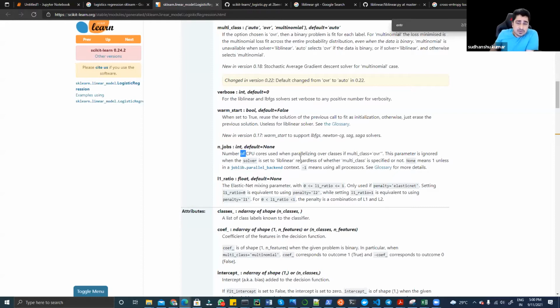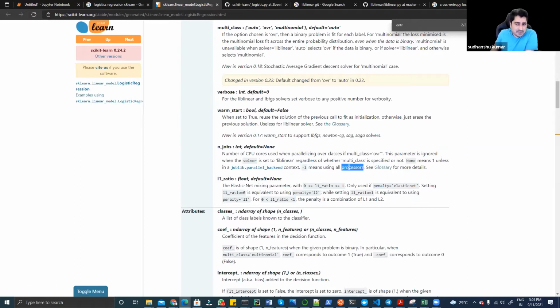So, number of CPU cores used when parallelizing over classes if multi_class is equal to OVR. This parameter is ignored when solver is set to liblinear, regardless of whether multi_class is specified or not, because it is just binary, right? So not much resources are required, meaning one or less parallel in backend. So -1 means using all the processors.